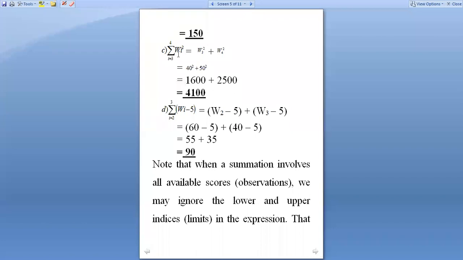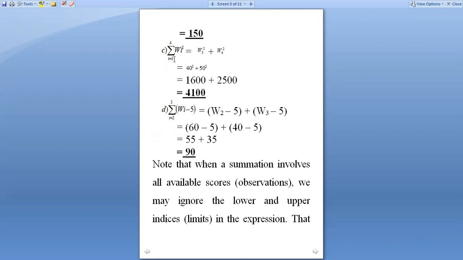But they can write it in this format. Sum up Wi squared from 3 to 4, meaning that square the observations of W starting with the 3rd and stopping at the 4th. When you expand it algebraically, it looks like this.